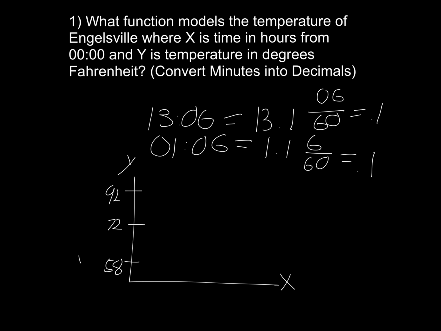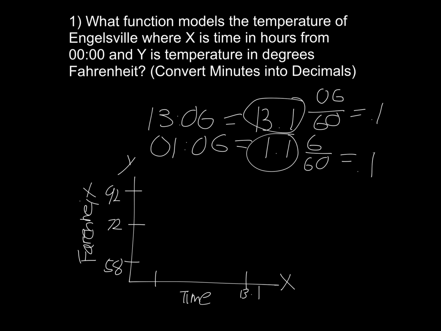So here's Fahrenheit, and the x-axis is the time. Right here, from the given data, 13.1 would be the maximum, and 1.1 would be the minimum. So let's go ahead and draw our lines and plot our points.